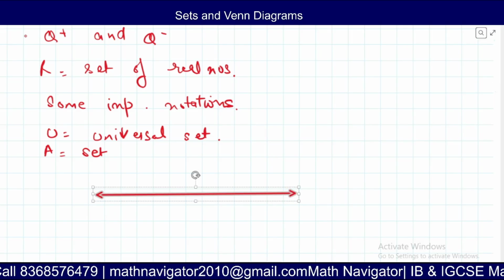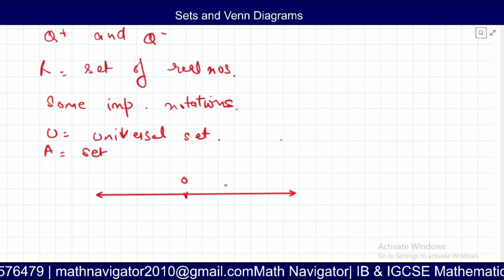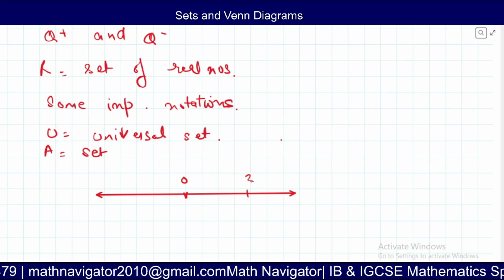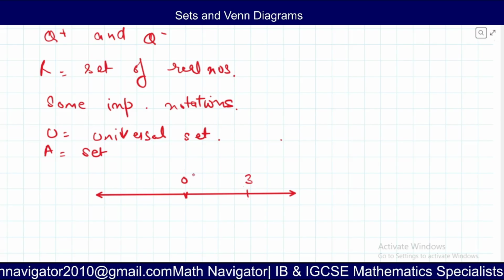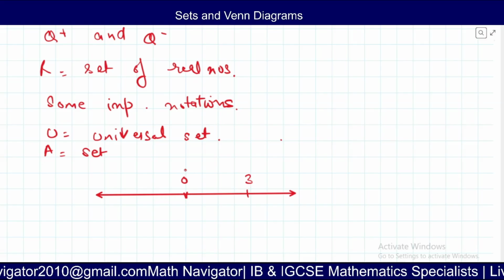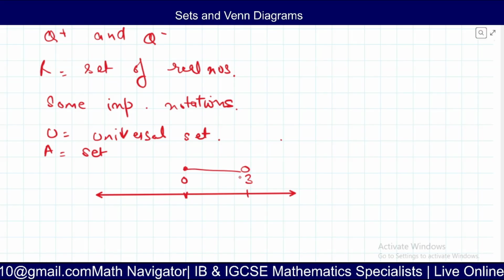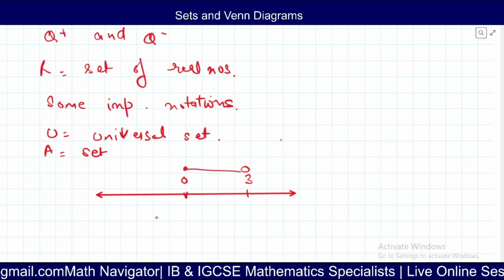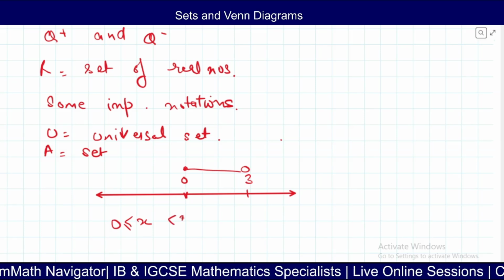Again, I'll make a number line. Let's call it 0. Let's call it 3. If I'm making something like this, this means x is greater than or equal to 0 and less than 3.